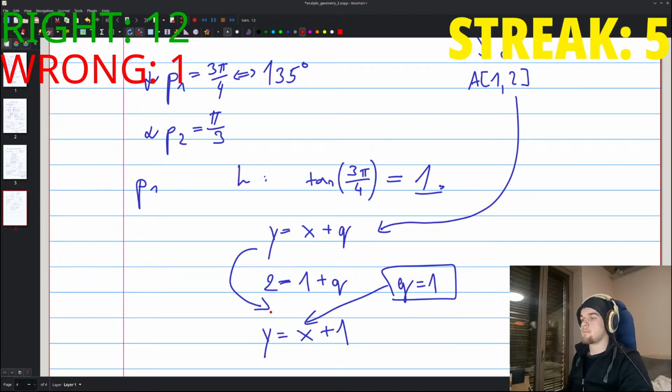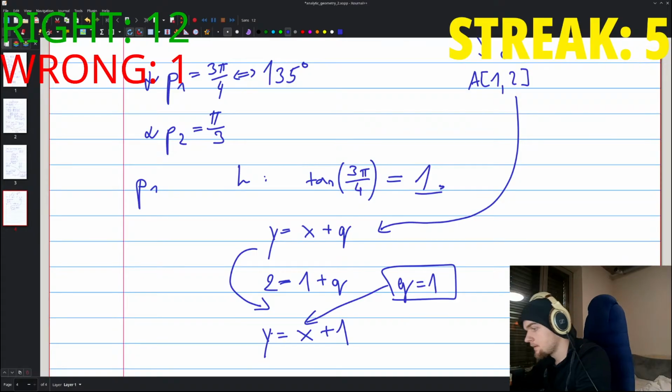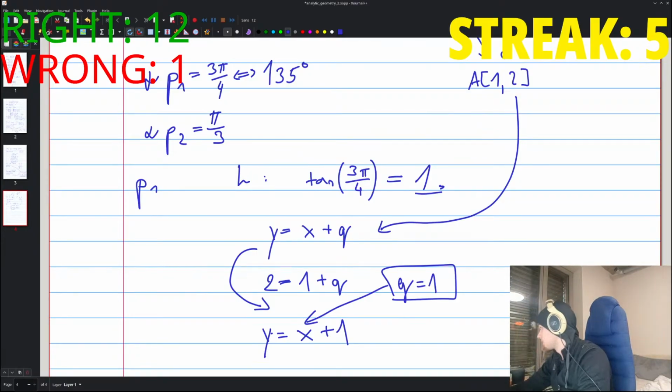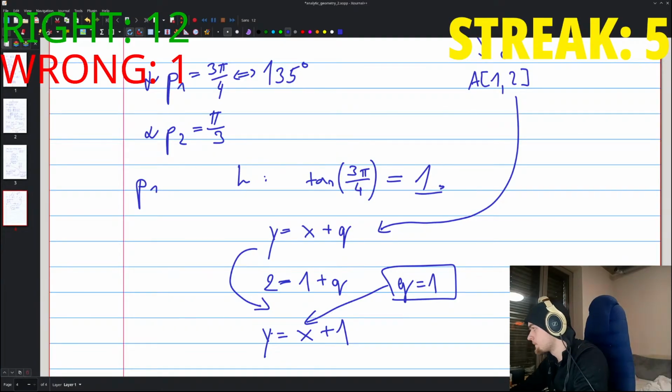Does that work out? Let's quickly pull up a graphing calculator. Y is equal to x minus 1. Let's find the point 1, 2. What the hell? Yeah, that doesn't work out at all.